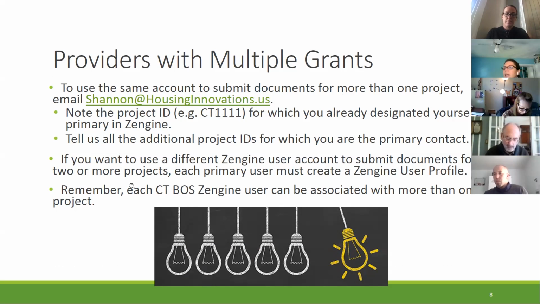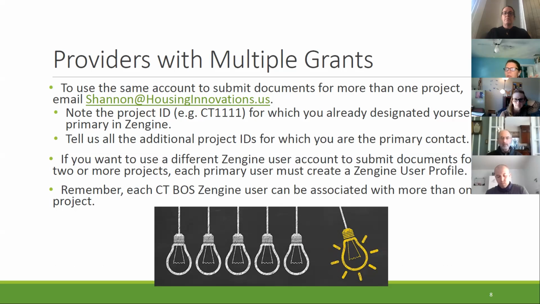Also, if you want to use different Zengine user accounts to submit documents for 2 or more projects in your agency. So say your agency has 5 rapid rehousing projects and 5 PSH projects, and there's different teams or a different person assigned to each of those sets of projects. You can set up 2 different user accounts.